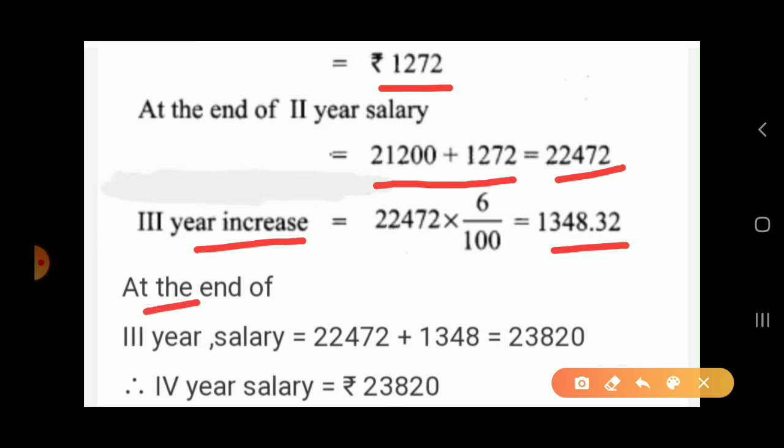So at the end of the third year, the salary is the end of the second year value added to this interest, and you can get 23,820 at the end of the third year.